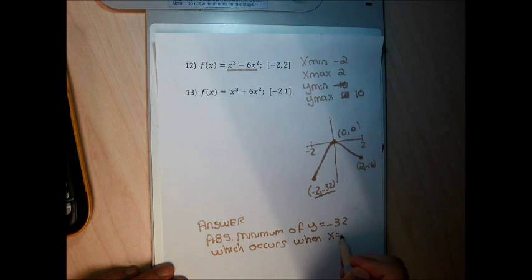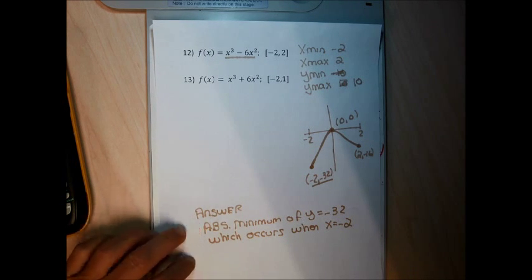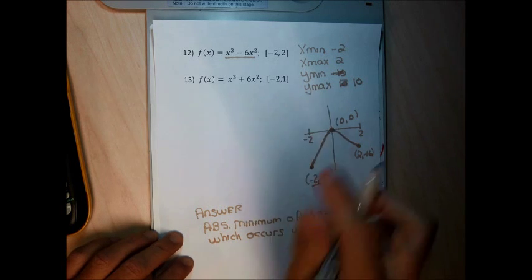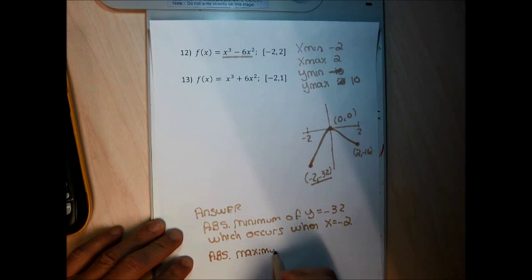And this wording is a little more wordy than I have been doing, so you don't have to get quite this wordy. The abbreviations of what I've been writing would be fine. And for my absolute maximum, I would guess there's an absolute maximum of y equal to 0, which occurs when x equal to 0.